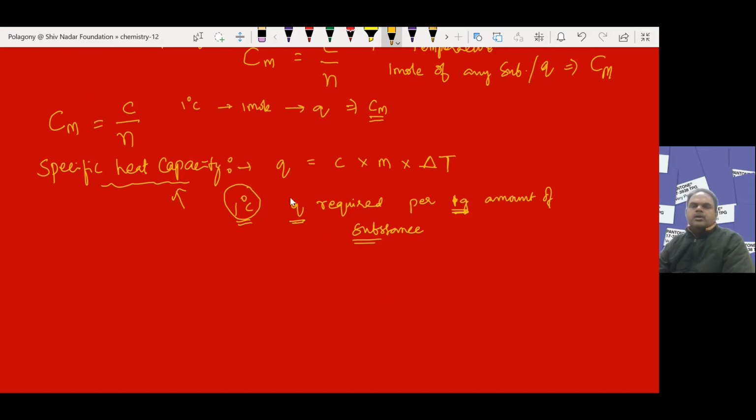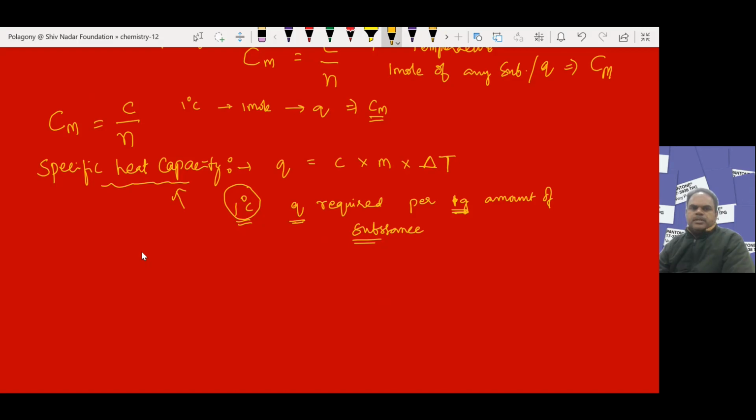That means the increase in temperature depends upon the mass of the substance and the nature of the substance. The amount of Q required per gram for a 1 degree Celsius rise is the specific heat capacity of the substance.